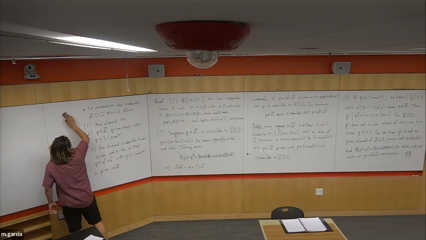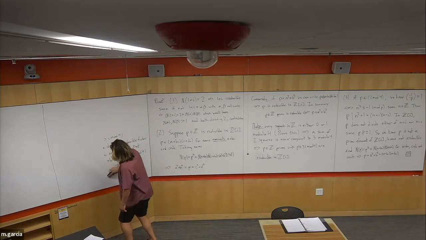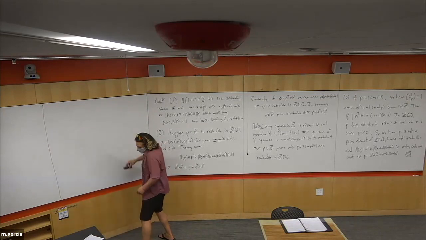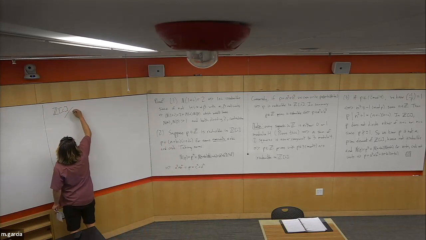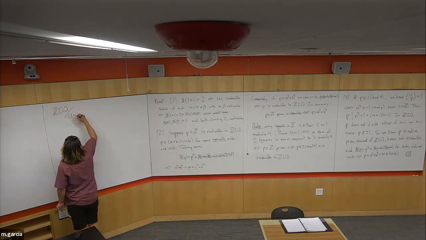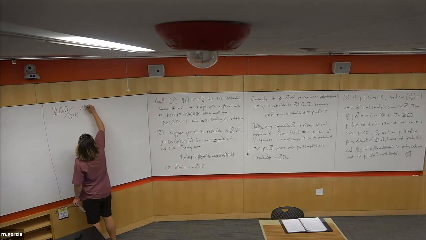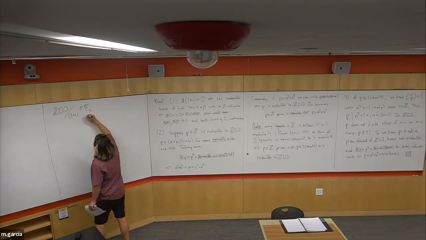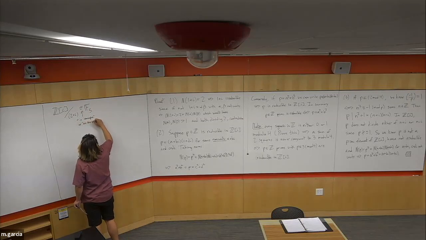Okay, so look back at the last example we did, what we started with today, and what we did a lot of work on yesterday. Let's remind ourselves: Z adjoin i mod the ideal generated by 2 plus i. I'll write this sign for sameness, which actually means isomorphic, or the same ring.